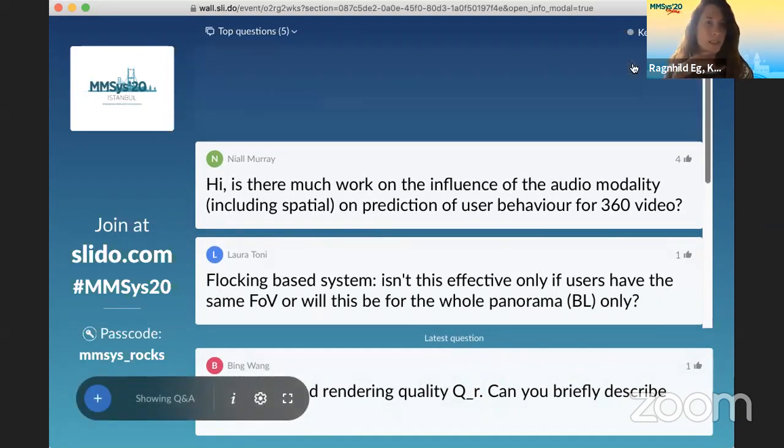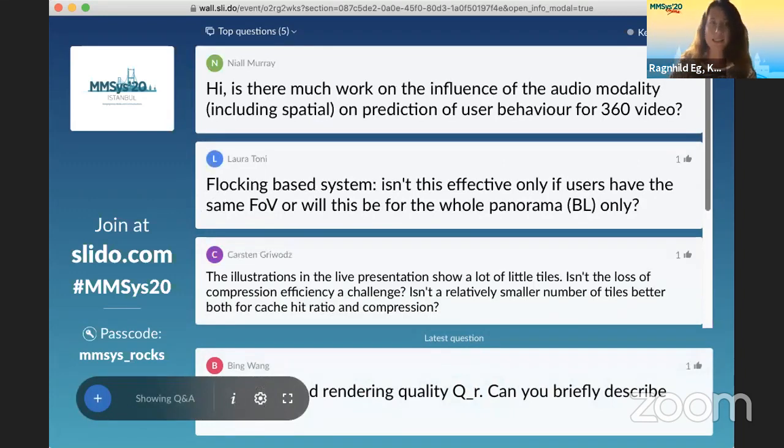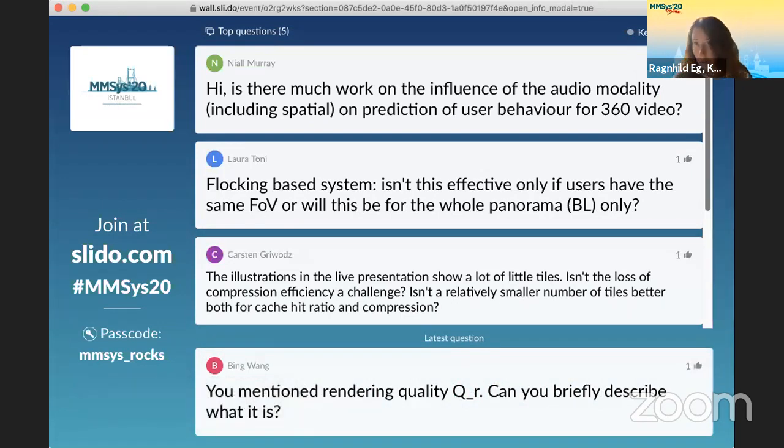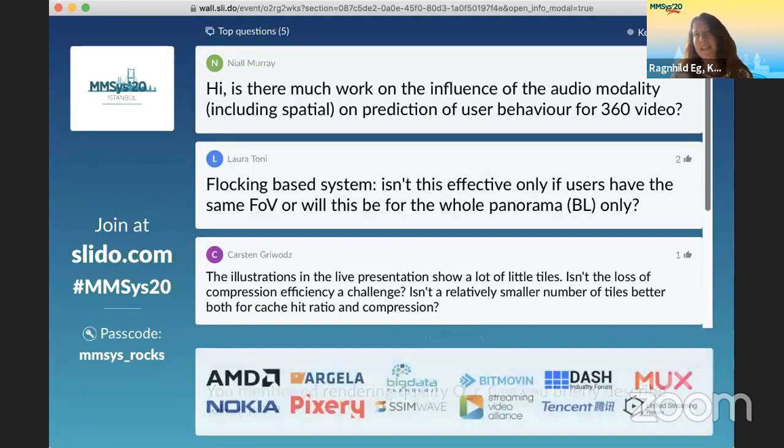The next question is moving on to a different modality. Is there much work on the influence of the audio modality, including spatial audio, on prediction of user behavior for 360-degree video? Do you know? Oh, that's a very interesting idea.